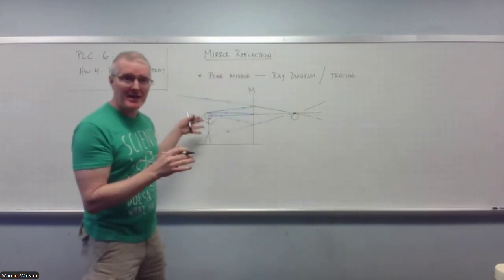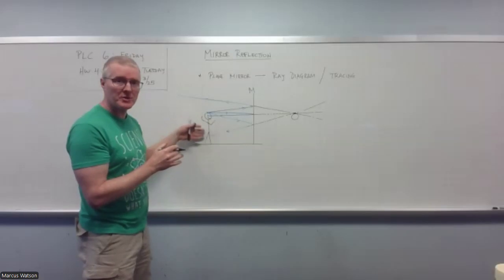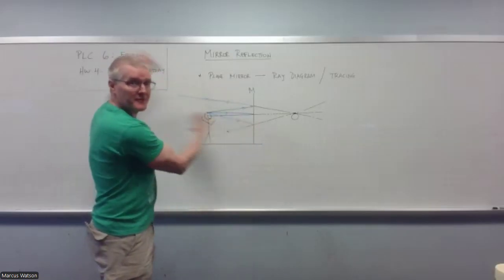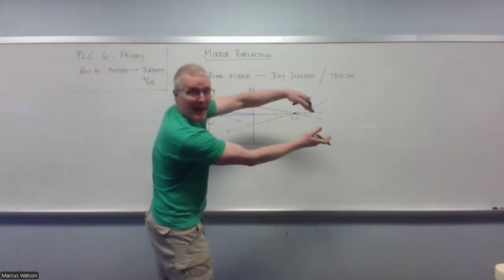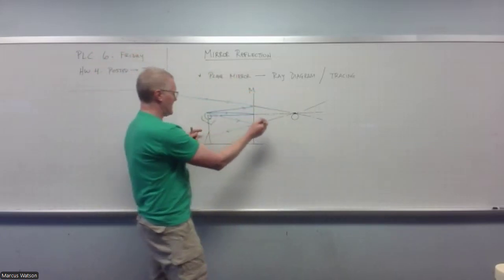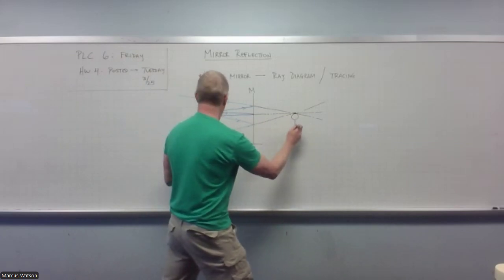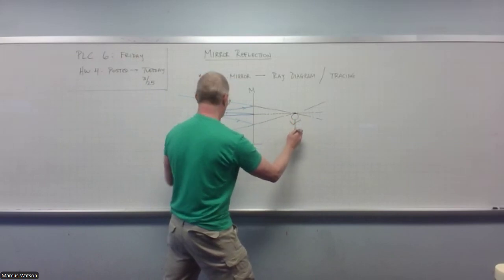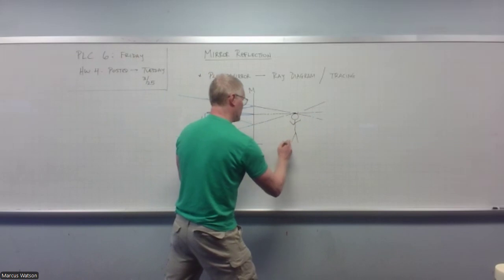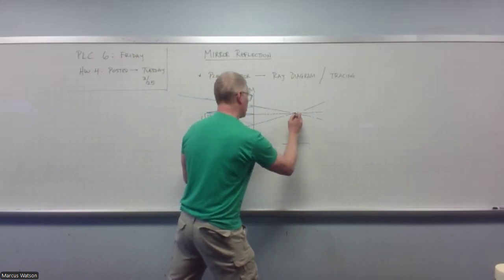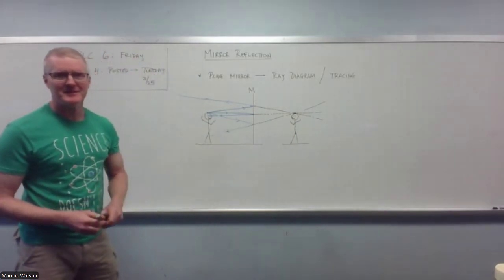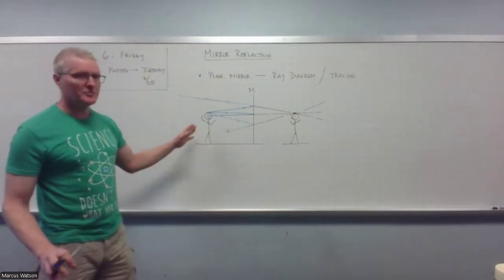So if I took any other point on the person, I could go to their arms, their waist, their feet, whatever, and I did the same thing and drew rays bouncing in off the mirror and coming out, and then traced them back, I would find that it looks basically like this. Okay? You'd be able to see yourself.